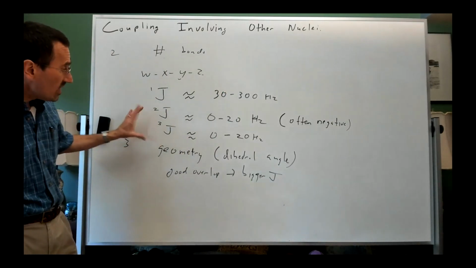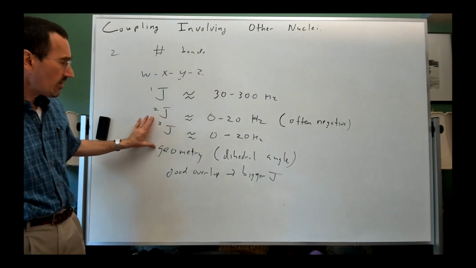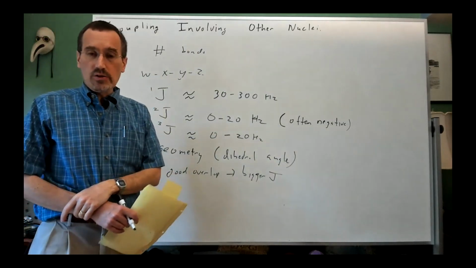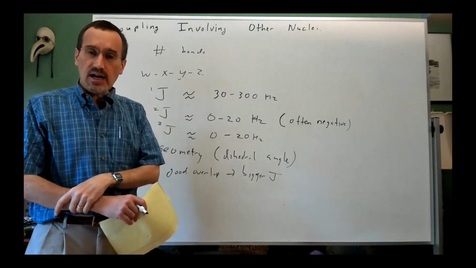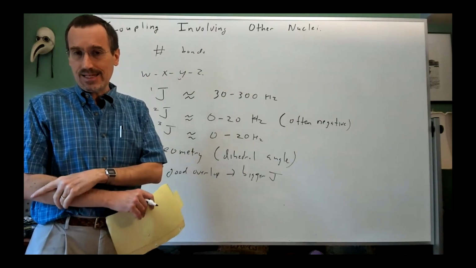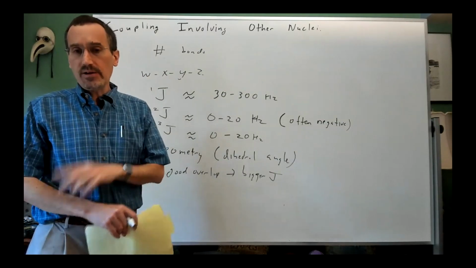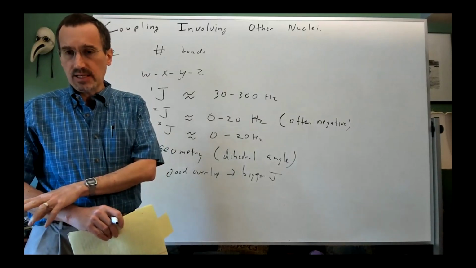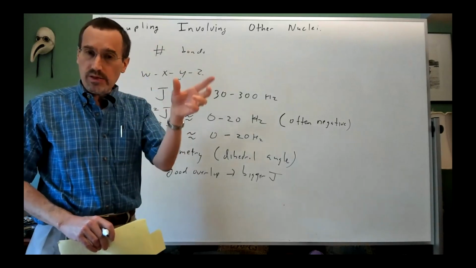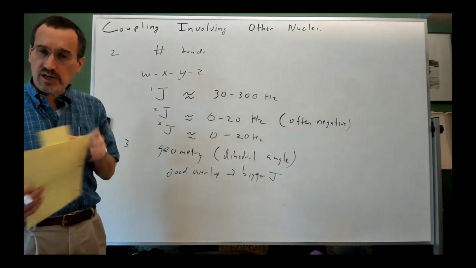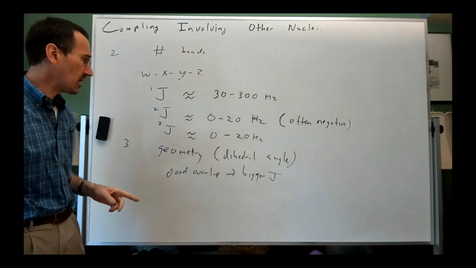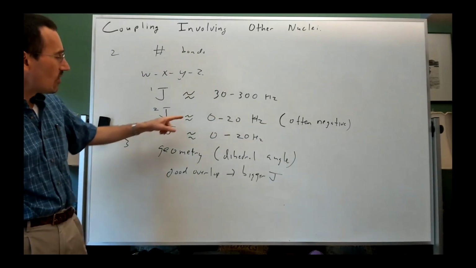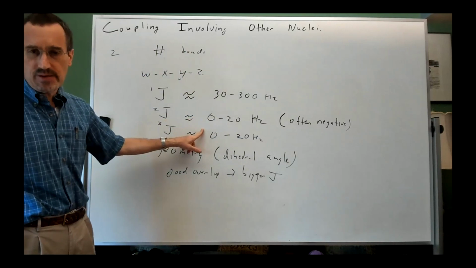Now, some of the implications of what I'm saying here are interesting, because as we move along in the second half of the course, you're going to find the technique of HMBC to be very useful. Heteronuclear multiple bond correlation spectroscopy. That picks up 2 and 3 bond CH couplings. It's very useful for putting the pieces of the molecule together. But some of the limitations are it's going to pick up both 2 bond and 3 bond couplings.